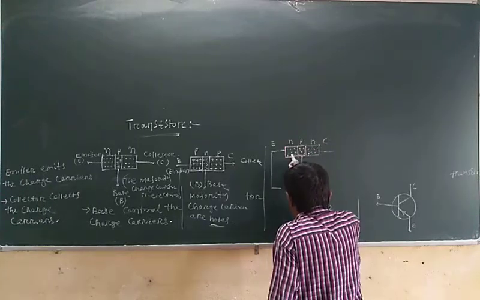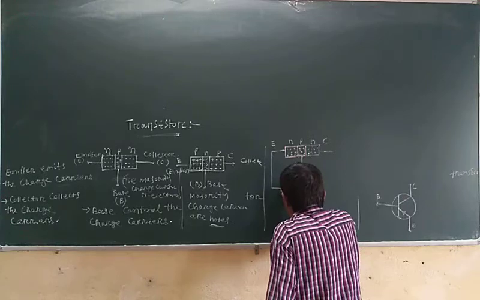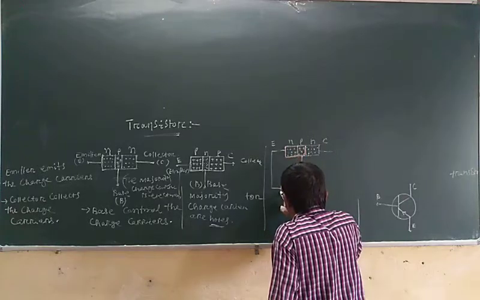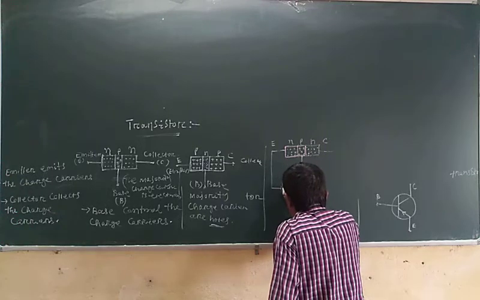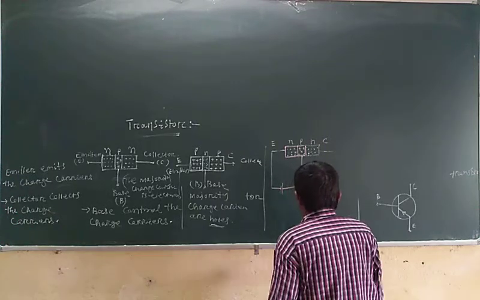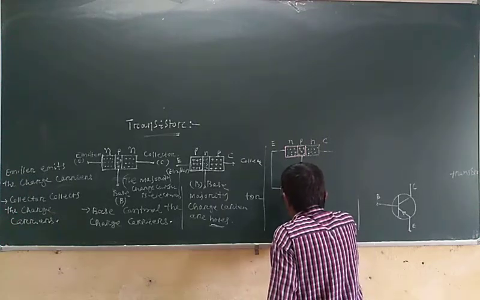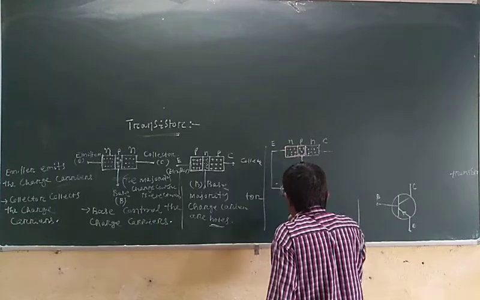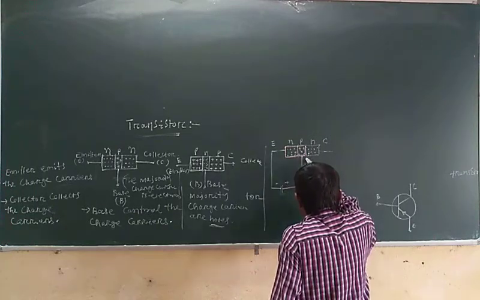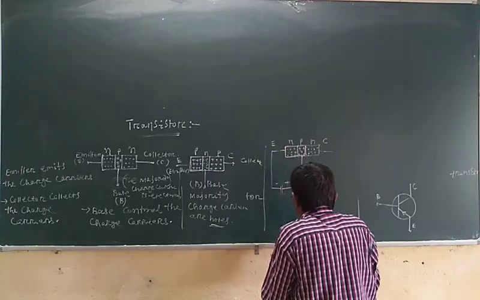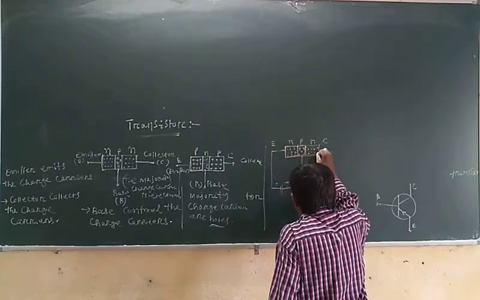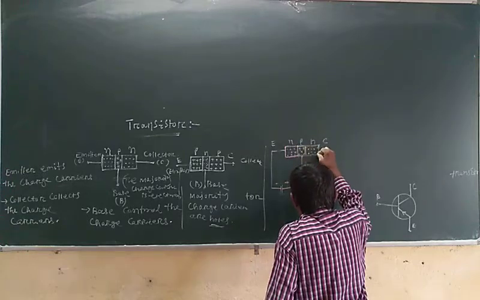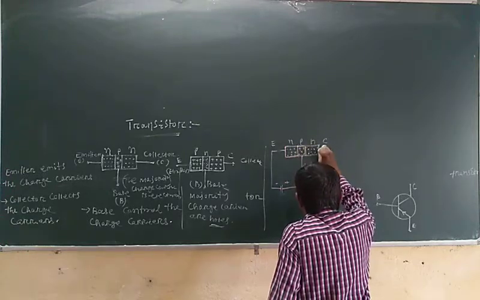For forward bias, the N side connects to the battery negative and the P side connects to the positive. And the other PN junction, on the other side, is always reverse biased.